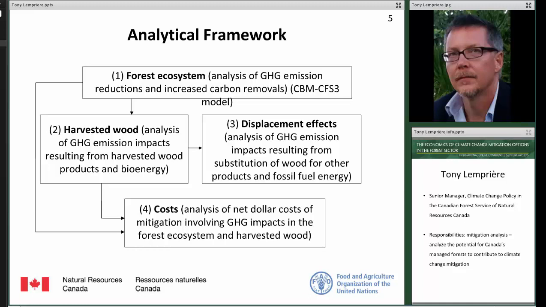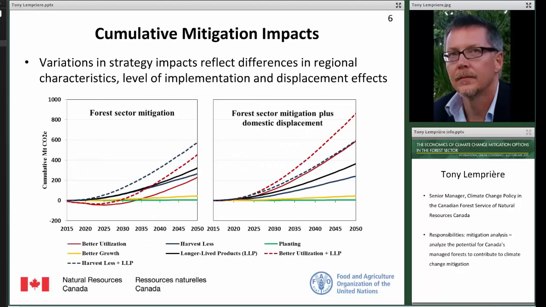Third, we calculated emission displacement effects resulting from substitution of wood for other products and bioenergy. And then finally, we calculated strategy costs by estimating the net present value of the change in forest sector revenue that results from each strategy using a 3% social discount rate. And now we can start to look at the results.